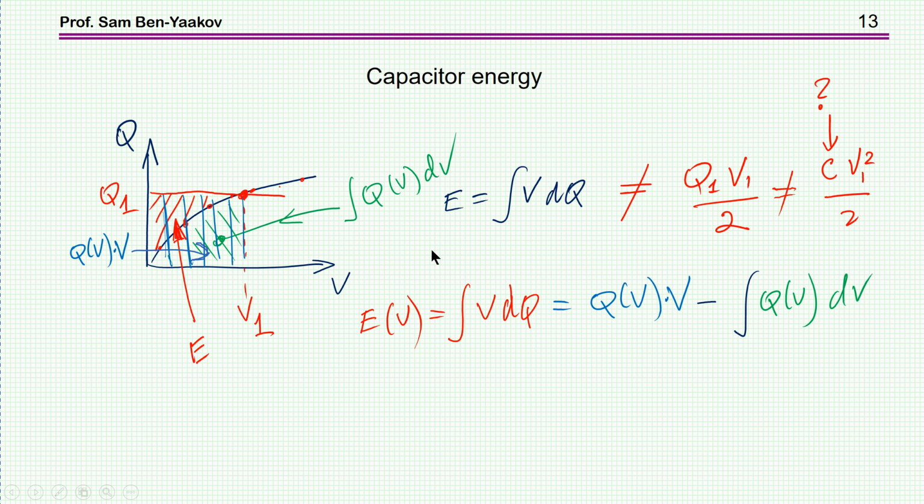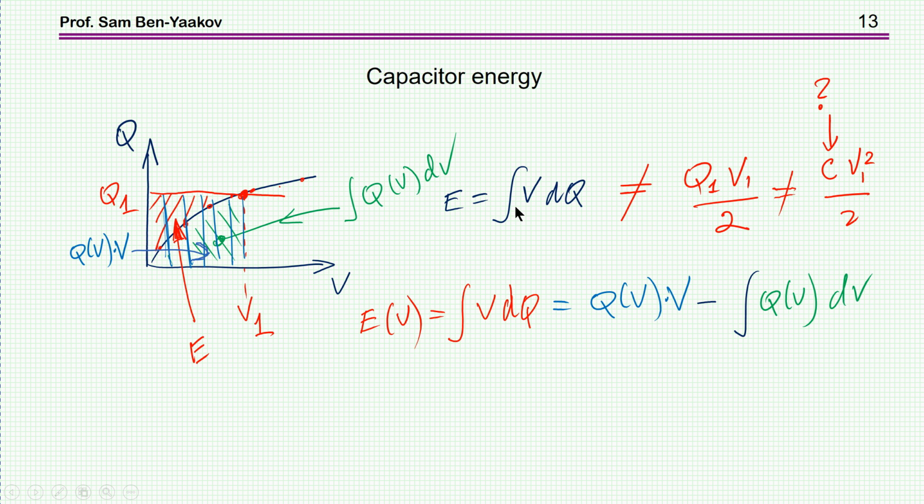So what it is, is the integral of V dq. This is the definition of energy. It comes from the definition of power, P equals V times I, and I is dQ/dt, for which you get this expression. So energy is this integral.